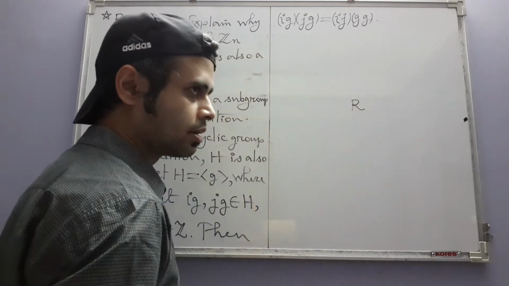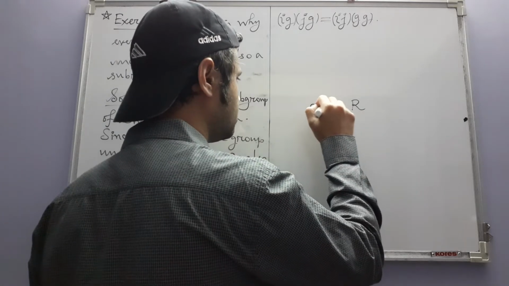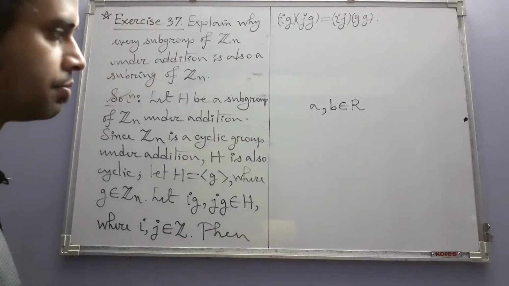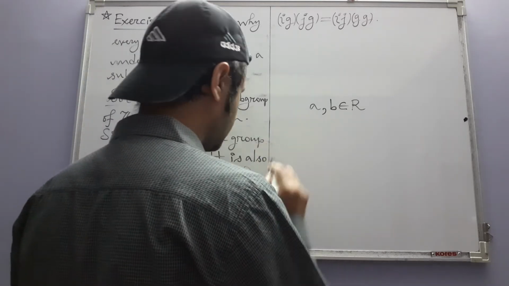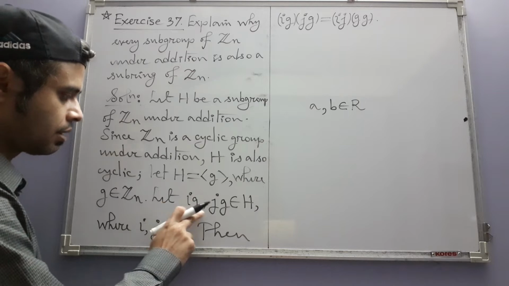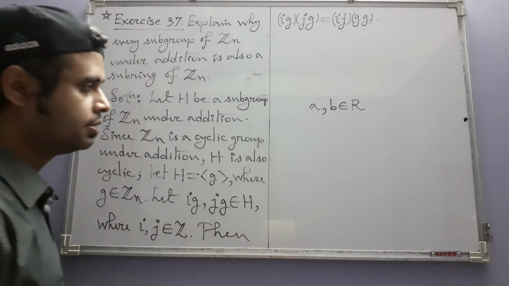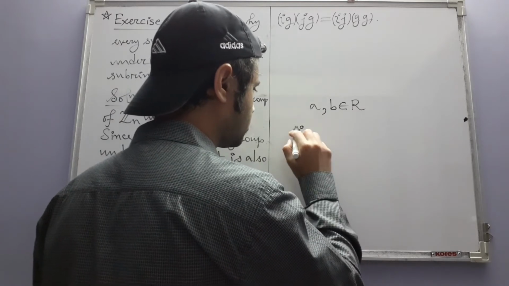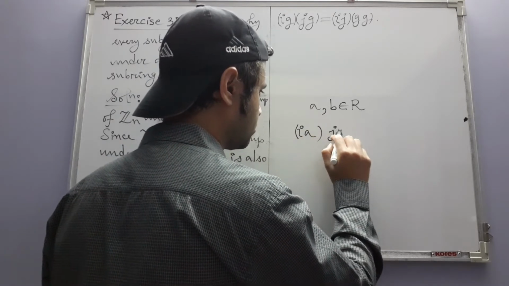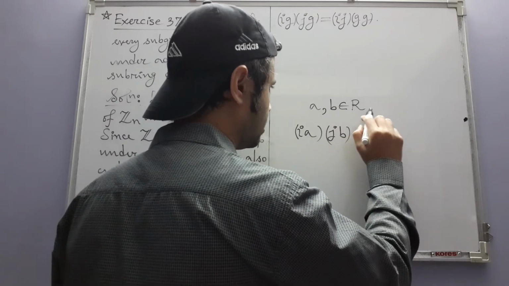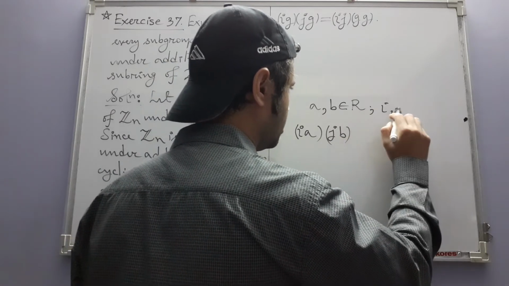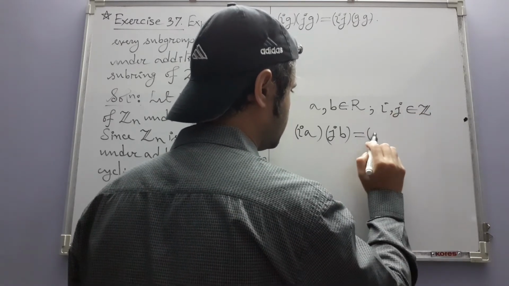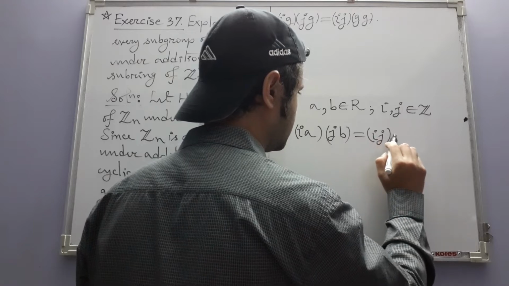You have any general ring R in which you take two elements a and b, and you can of course define ia and jb like this, where i and j are integers. Then this is true.